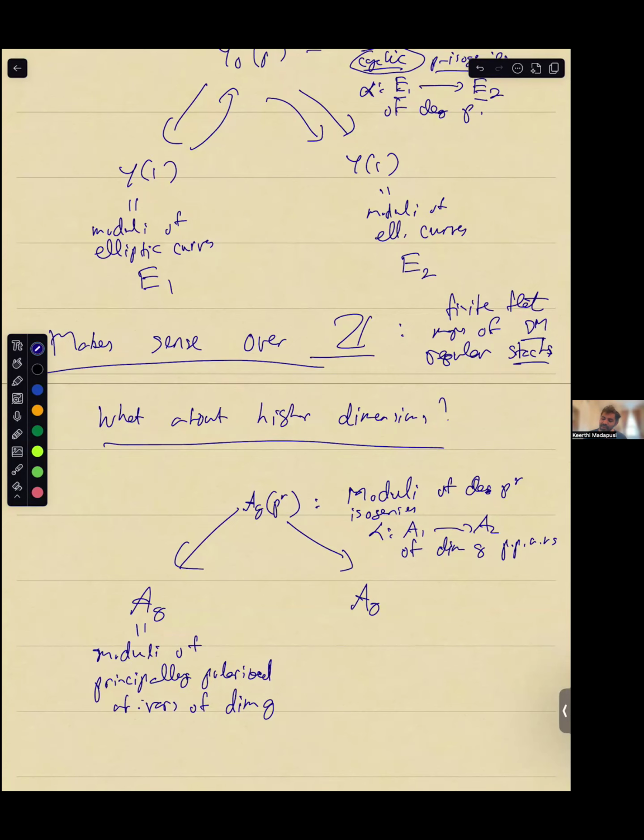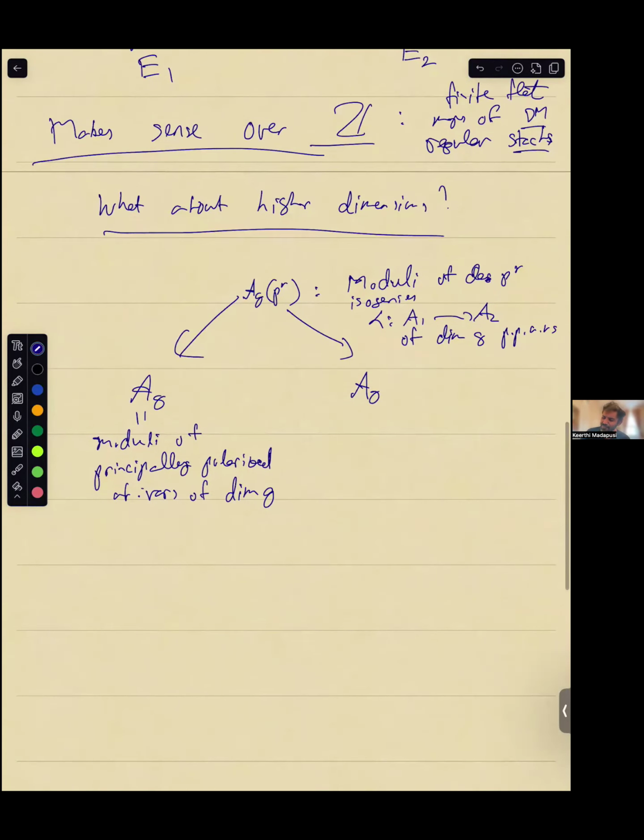So unlike in the situation of g equals 1, which is the case of the elliptic curve, this is never finite. So for g greater than 1, the source and target maps are never finite, even though they are generically finite.